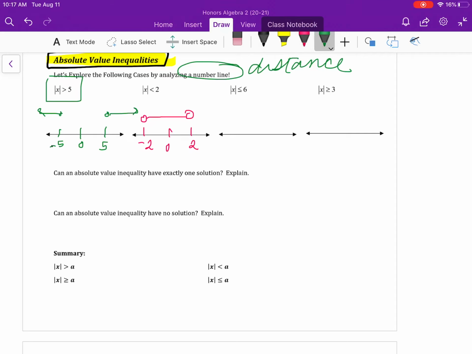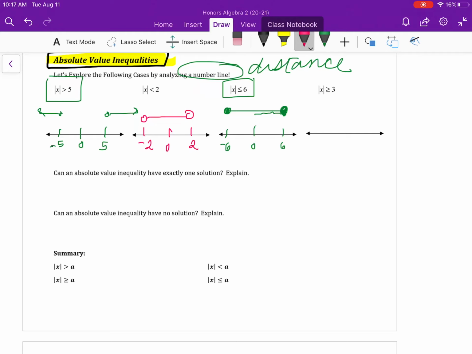So let's try another one. Okay, the distance from 0 has to be less than or equal to 6. So let's see. Less than 6 on this end, so it's all these numbers, and less than 6 on this end. So you can see I'm going to have closed circles because of that equal to, and it looks like a dumbbell again.